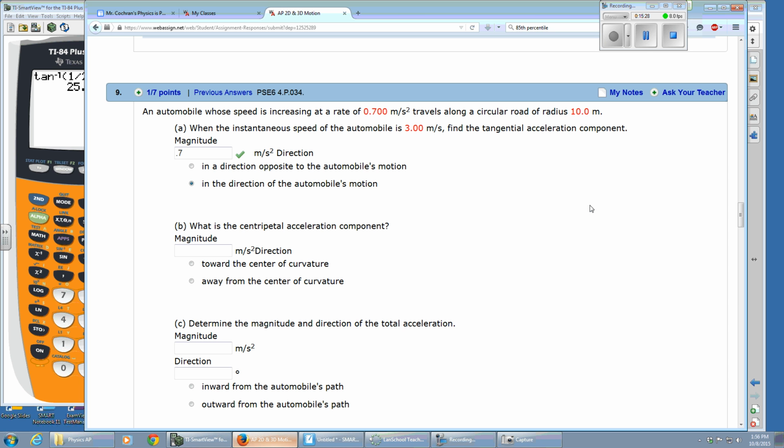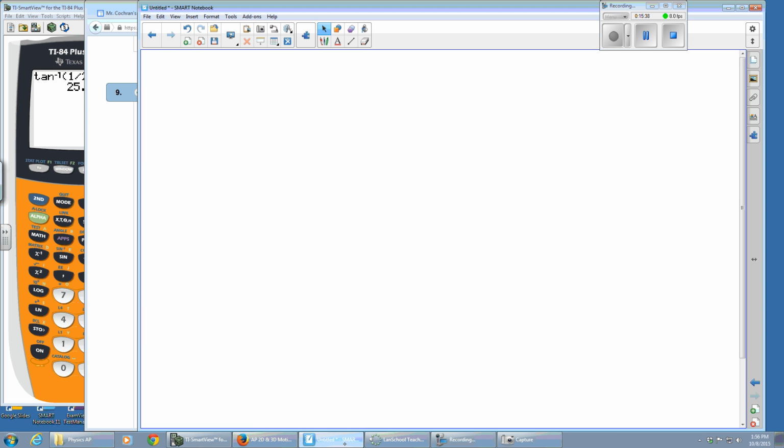All right. So, of course, it's towards the center of curvature, right? You guys all know that. This is number 9. B, I'm using the idea that centripetal acceleration is v squared over r.